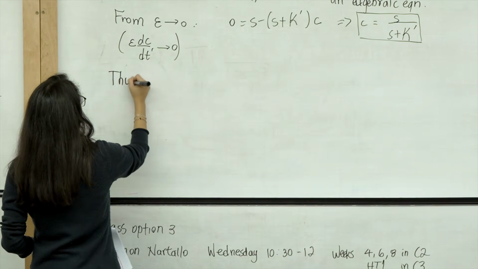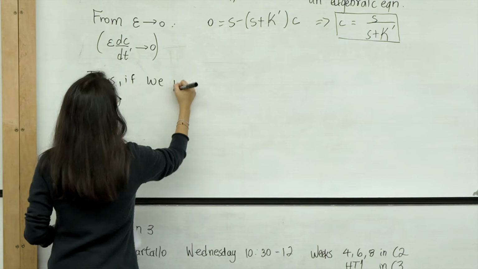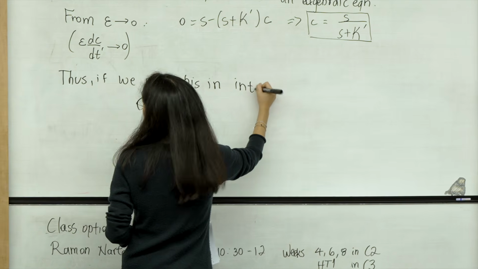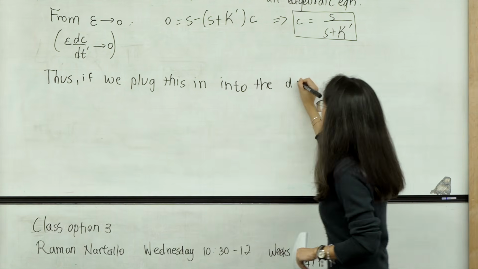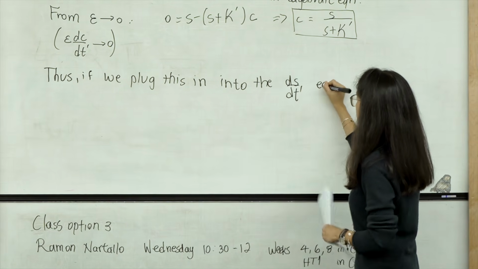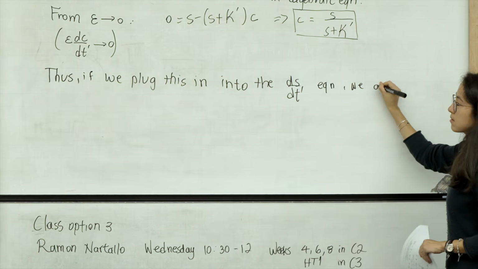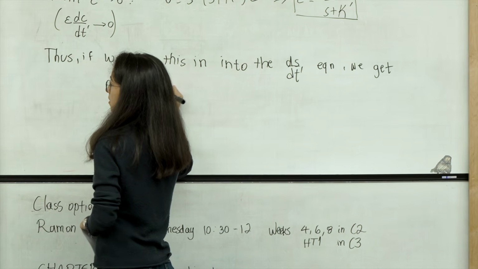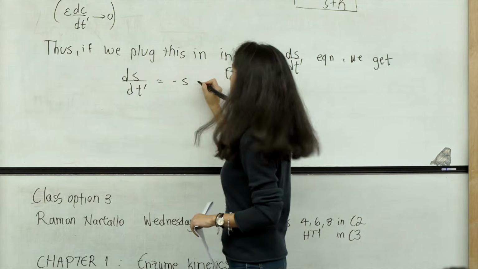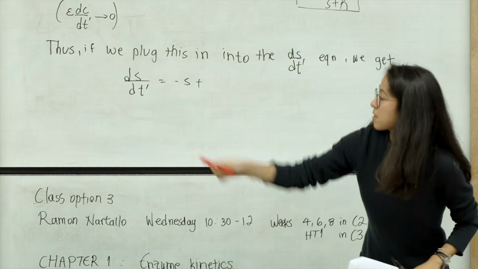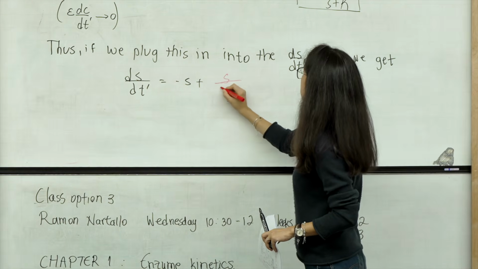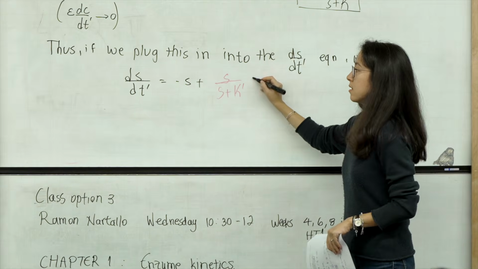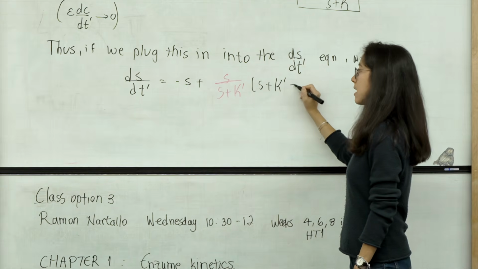So I will say here, if we plug this into the first equation, ds dt prime, we get ds dt prime minus s, and then I have again plus. So the C right there will be this. So I have s plus k prime, and then I have s plus k prime minus lambda.